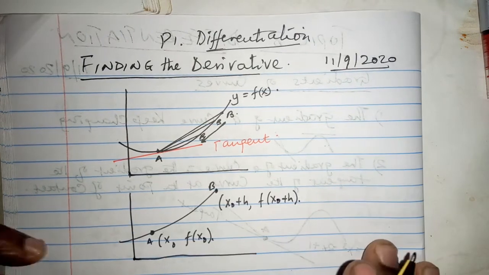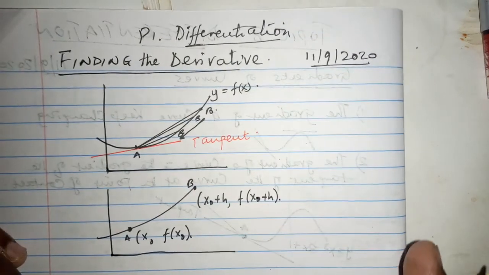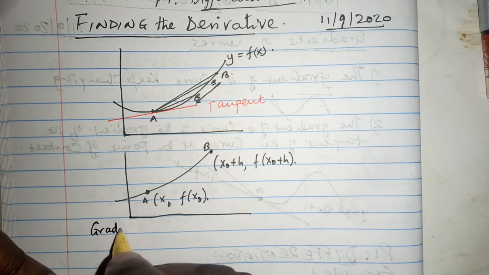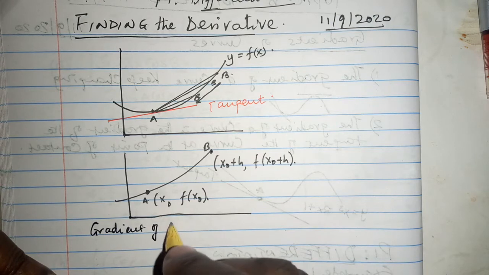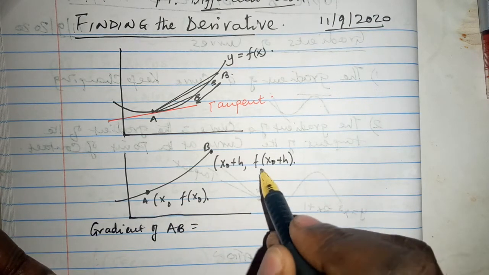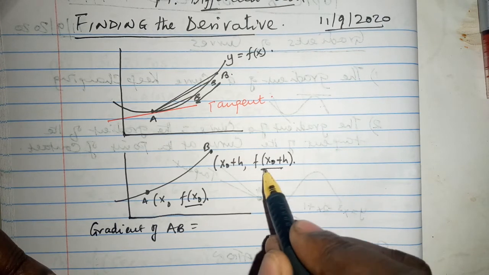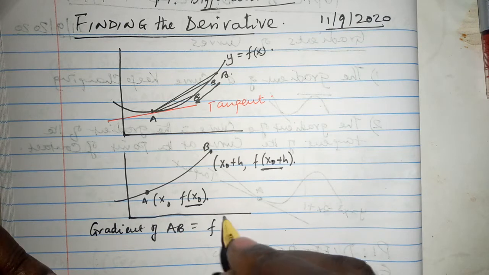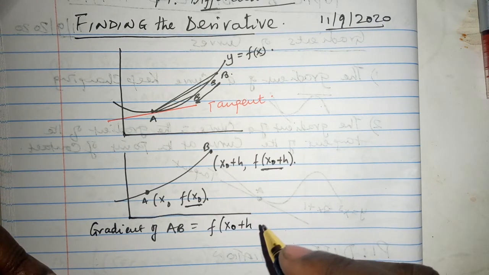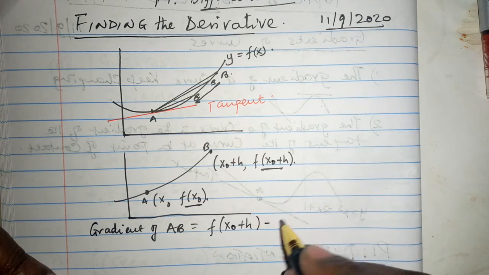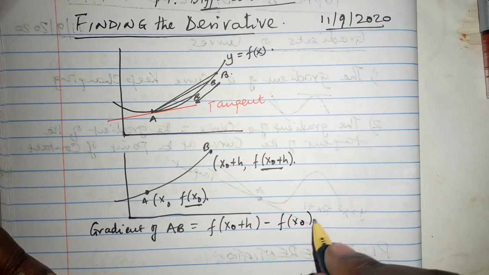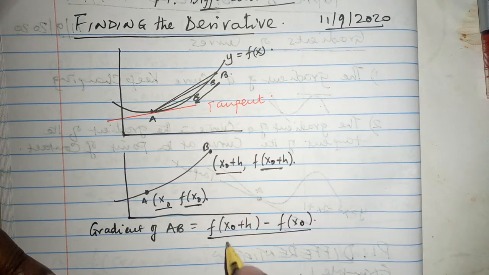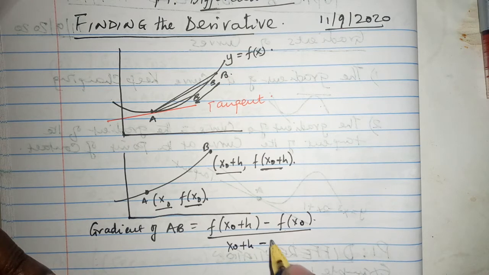So it goes without saying, if we want to calculate the gradient of the chord AB, the gradient of AB is going to be the change in y, which is f(x naught plus h) minus f(x naught), all over the change in x, which is x naught plus h minus x naught.